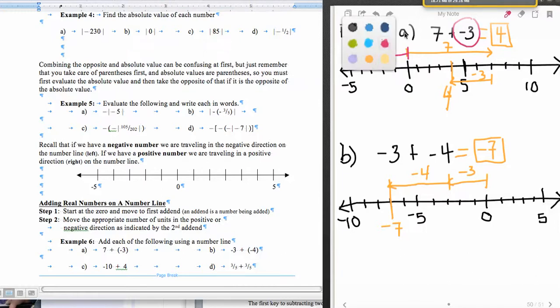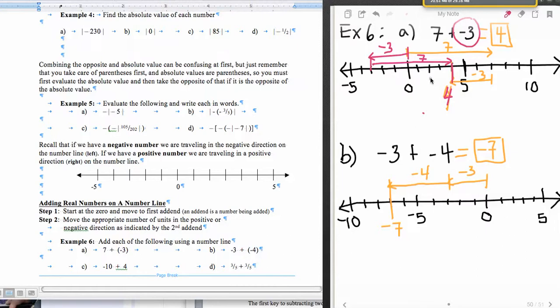So 1, 2, 3, 4, 5, 6, and 7. And I've moved 7 in the positive direction, and you notice that I still end up at the exact same answer, the +4 that I ended up with before. And that's just showing you that addition really is commutative.